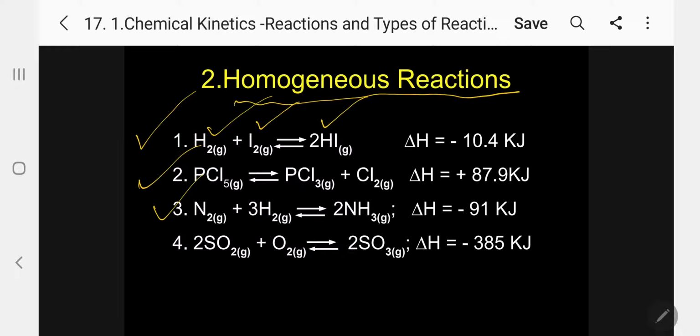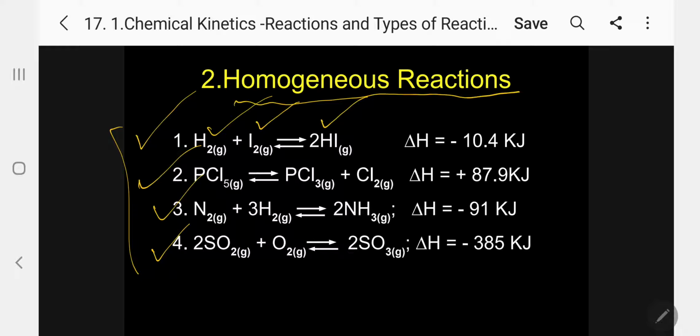Number 3, N2 gas plus 3H2 gas, reversible arrow, 2NH3 gas, delta H equal to minus 91 kilojoules. These are also homogeneous. And the fourth one, 2SO2 gas plus O2 gas, reversible arrow, 2SO3 gas, delta H equal to minus 385 kilojoules. So these are the examples of homogeneous reactions.